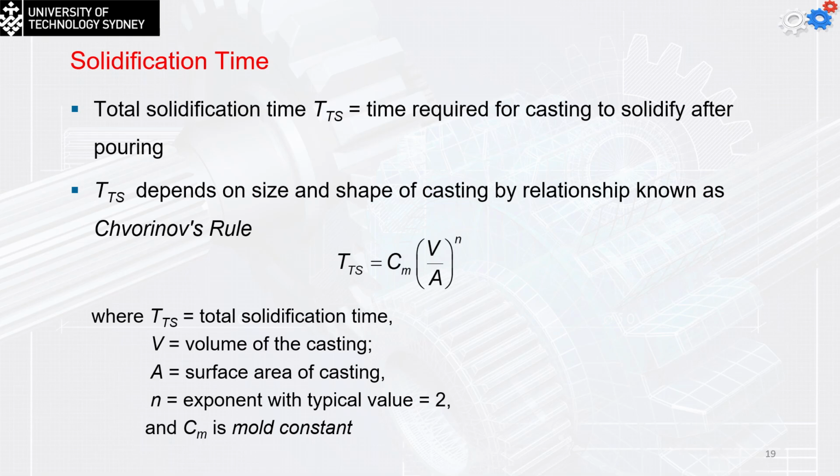The equation tells me that the bigger the volume is, the longer the time for the solidification. The larger the area is, the faster the time for the solidification, because with a larger surface area, we're going to have a higher rate of cooling.